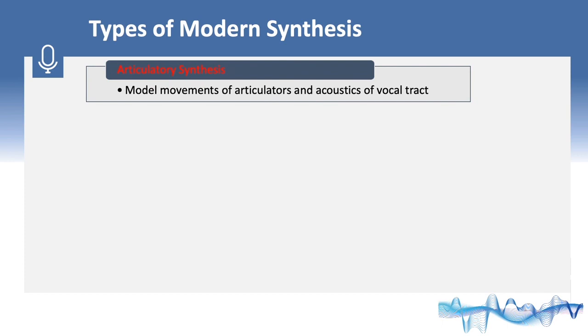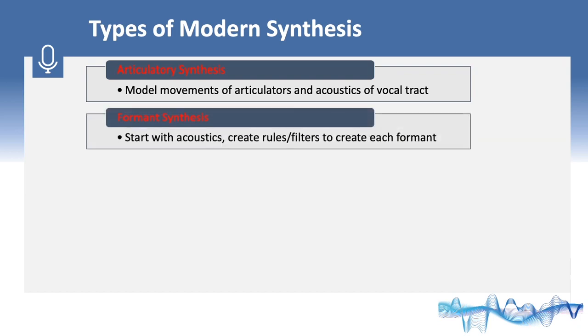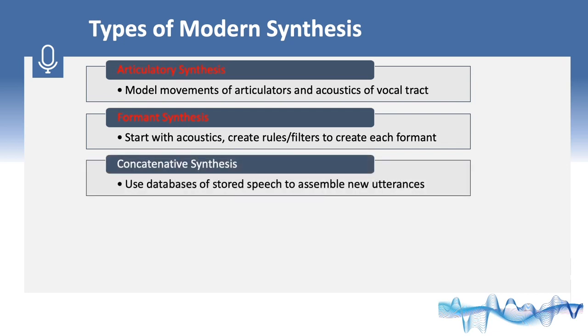Articulatory synthesis method models movements of articulators and acoustics of the vocal tract. Formant synthesis starts with acoustics and creates rules or filters to create each formant. Concatenative synthesis uses databases of stored speech to assemble new utterances.